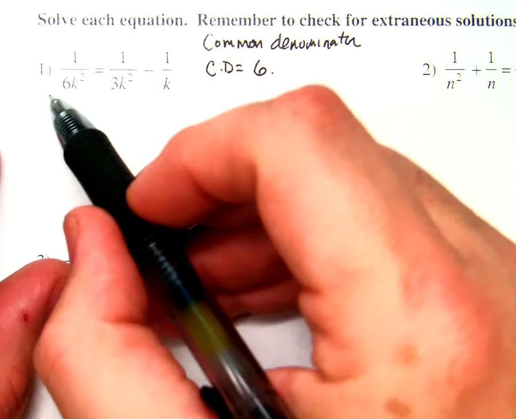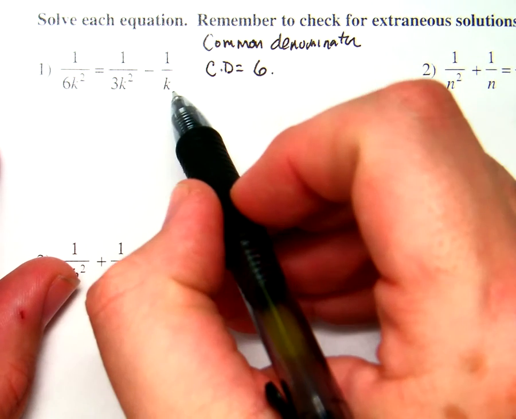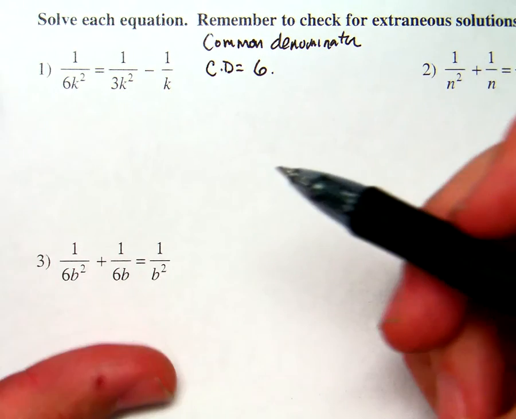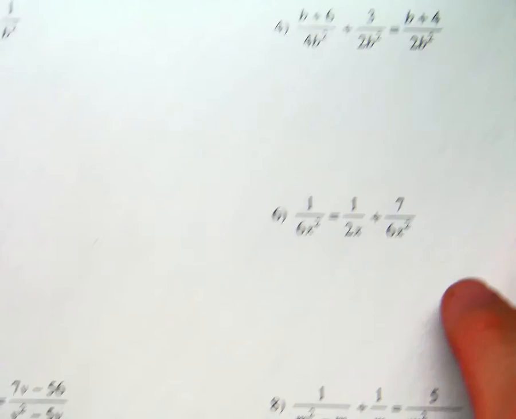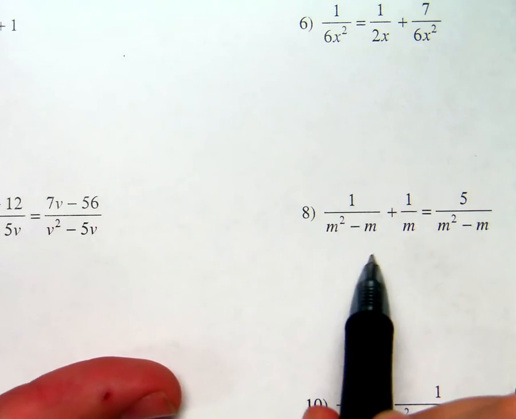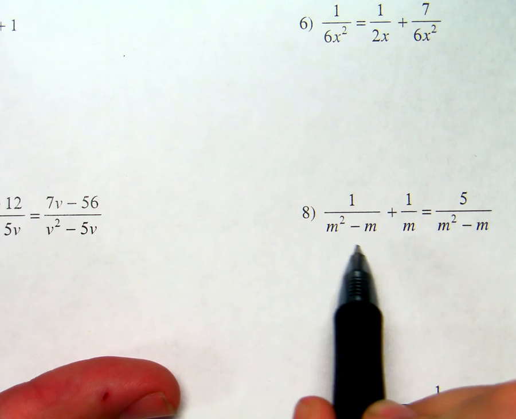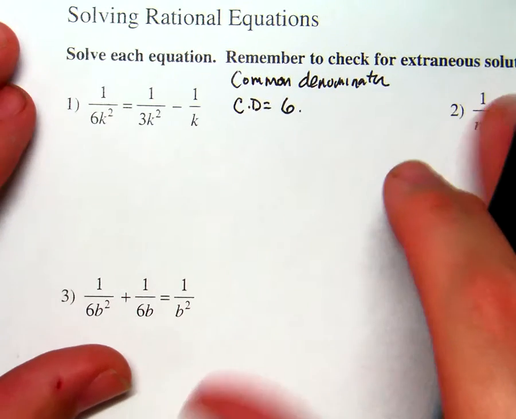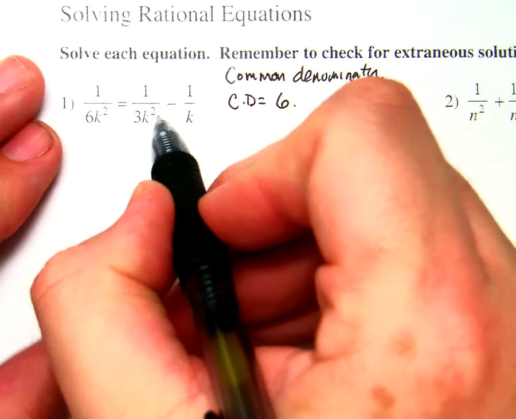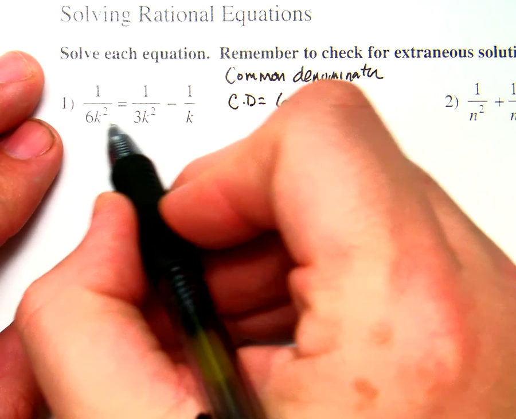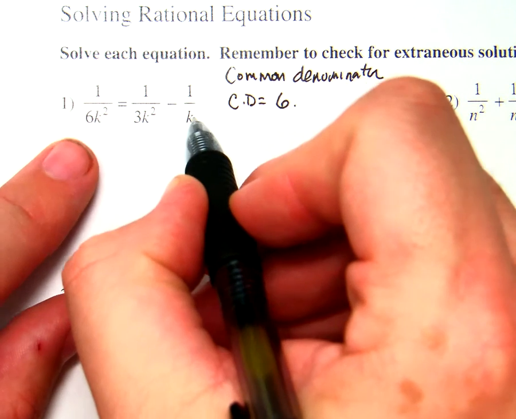Now, with monomials like this, it's not like here, where you're going to get binomials and trinomials and things like that we have to factor. When you just have a single term, we look for a common denominator with the numbers. And I had a 6, a 3, and a 1.